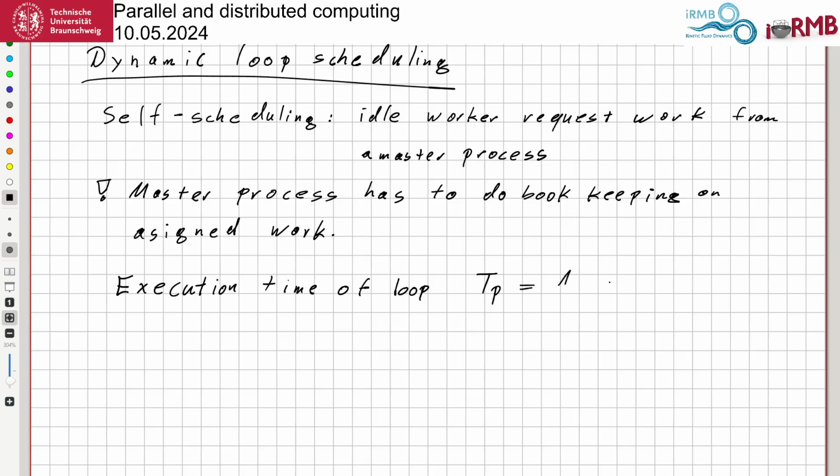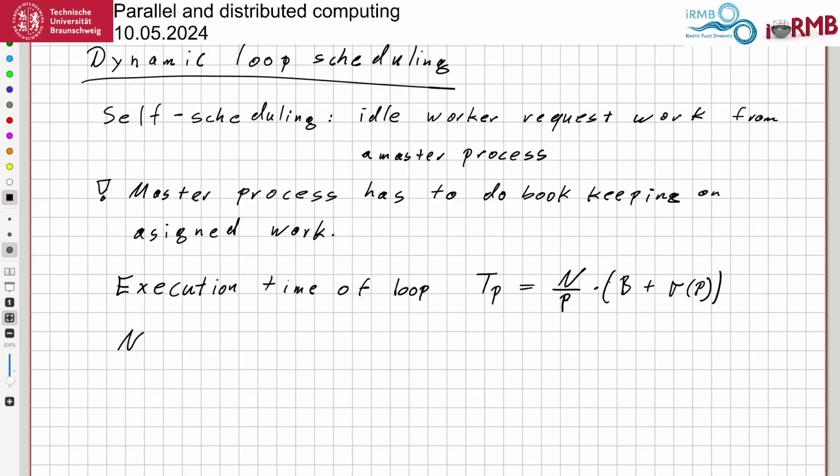This is the number of work items N divided by the parallel workers, which I now call capital P, times B. B is the average time that you need to do the assigned work, and then there is a dispatch time that depends on the number of parallel workers, and I come to this in a minute.